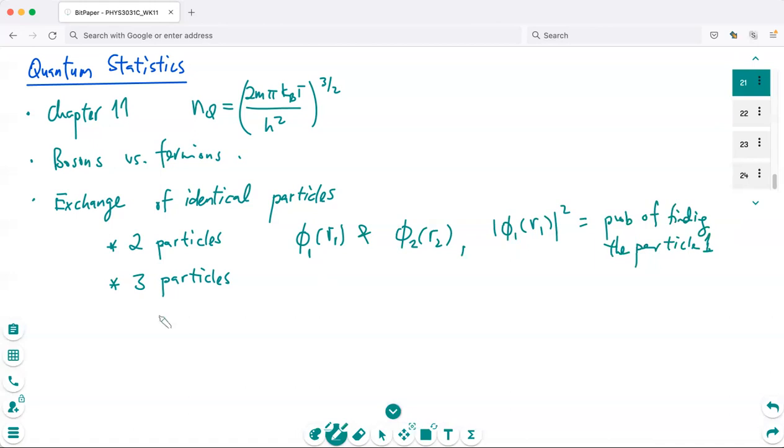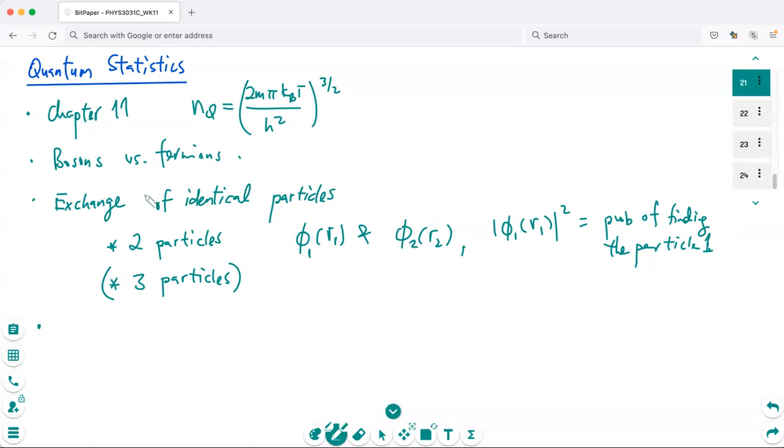Okay, and now this one will be later. Let's continue to treat this two particle system. Now, what is the combined wave function? If I treat particle 1 and particle 2 as one system, I can write down some sort of wave function for this.